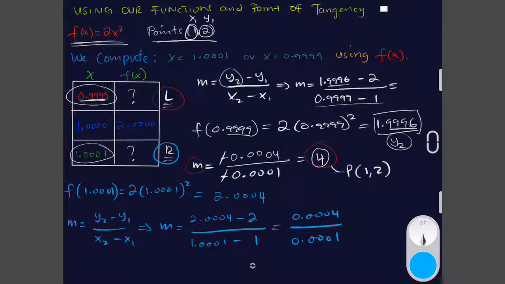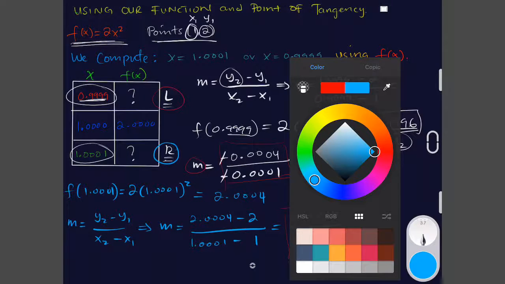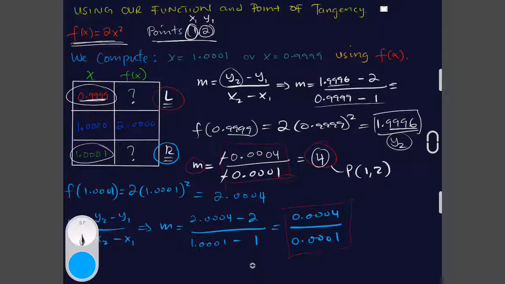And we see these values are the same as the ones we had here. So that means that the slope is equal to 4.